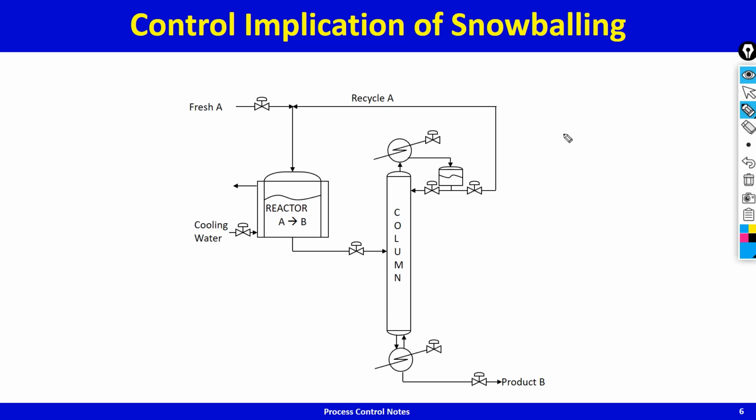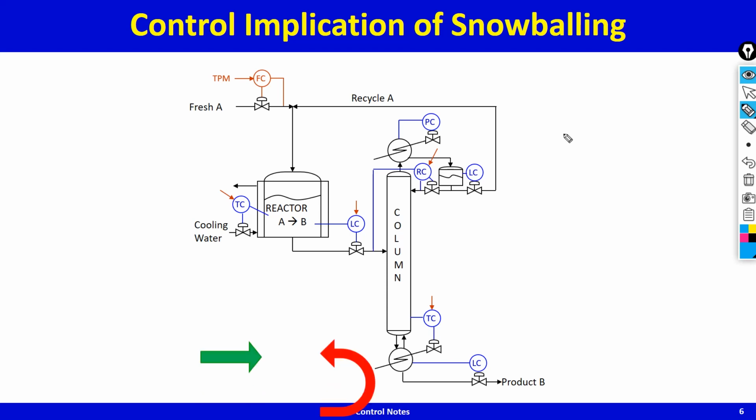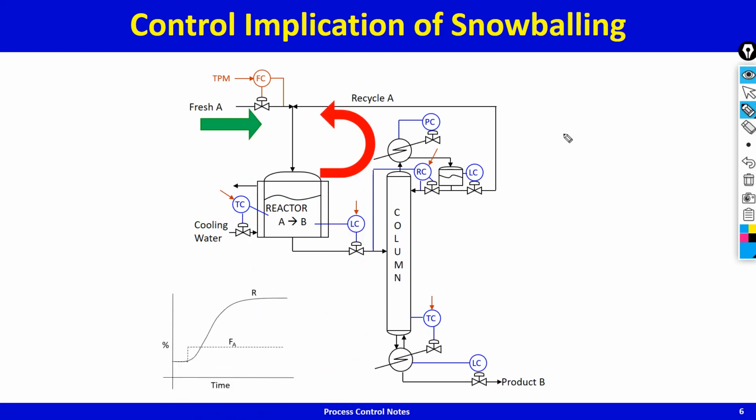Control implications. Well, I think I talked about it already. So this is a conventional control system where you are fixing the production rate at a fresh feed, and then we've seen this before. We've got level controllers and pressure controllers and temperature controllers. This is a standard conventional control system, and in this case, a small change in the fresh feed rate will cause a very large change in the recycle rate, and because of that, the operator will be very conservative.